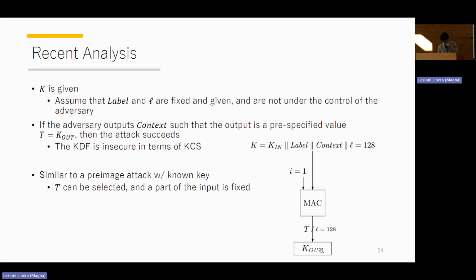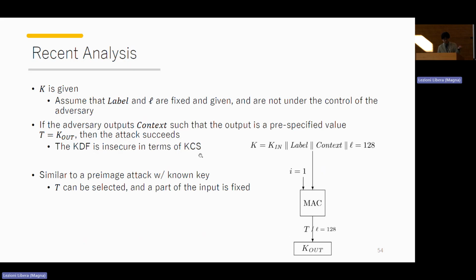In the key control security setting, the master key K in is given to the adversary. Also label and L are fixed. Let's assume that these are fixed and they are not under the control of the adversary. If the adversary outputs a context such that the output T here is a pre-specified value, then the attack succeeds.